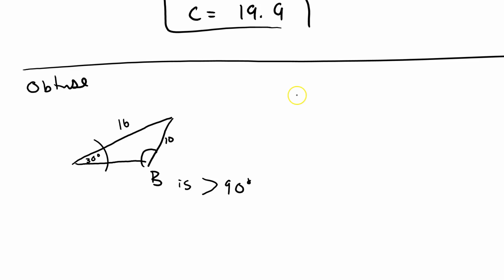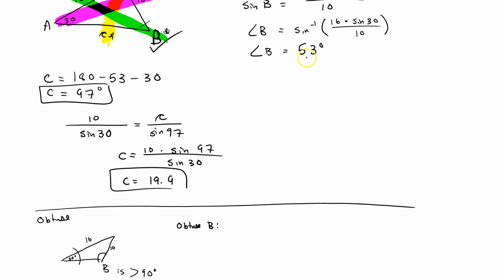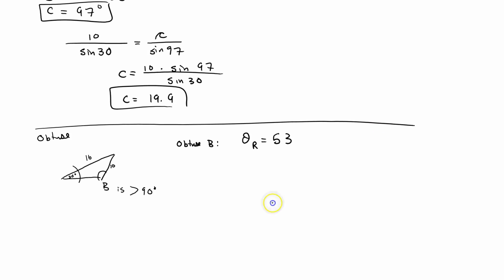Now, the way to find the obtuse B, we remember what B is. So theta reference is the original B, which is 53. And we go, well, what is this in quadrant 2?